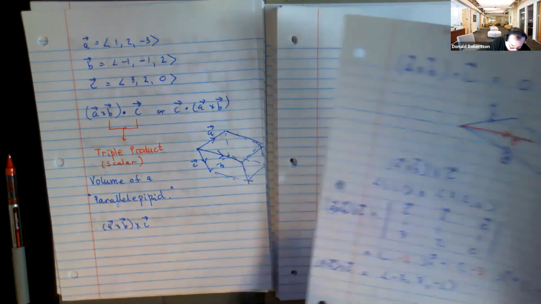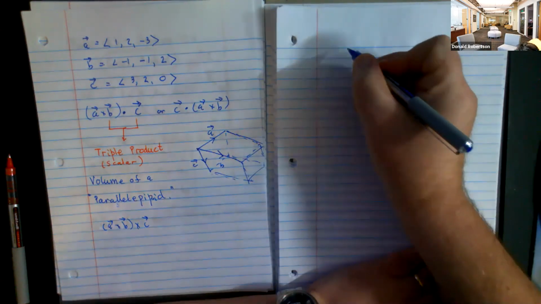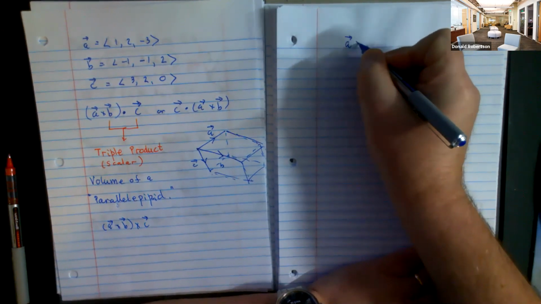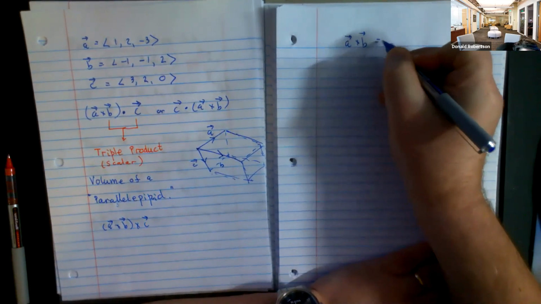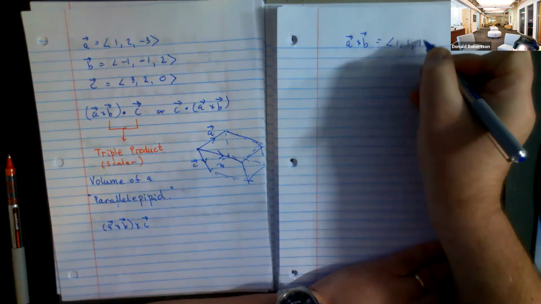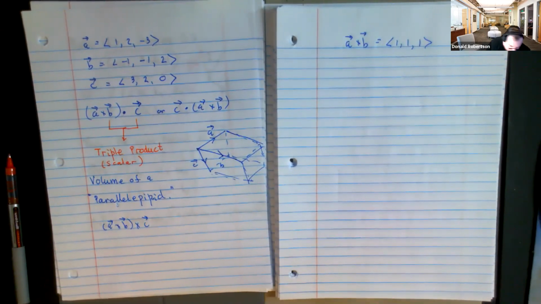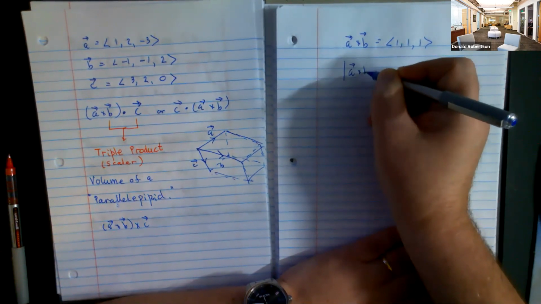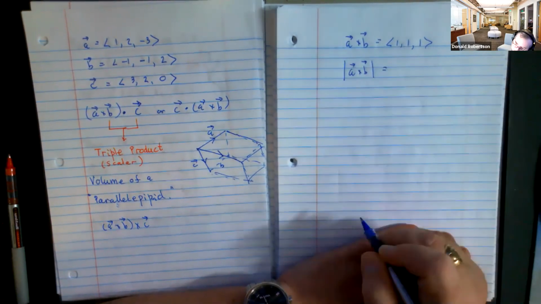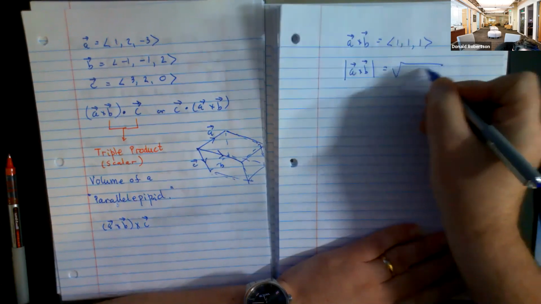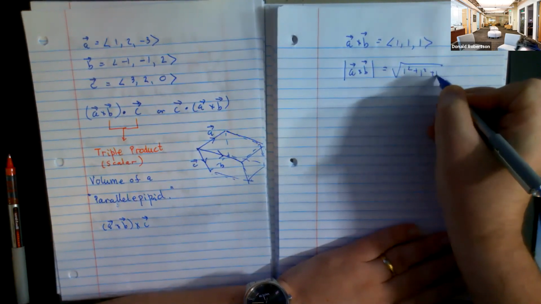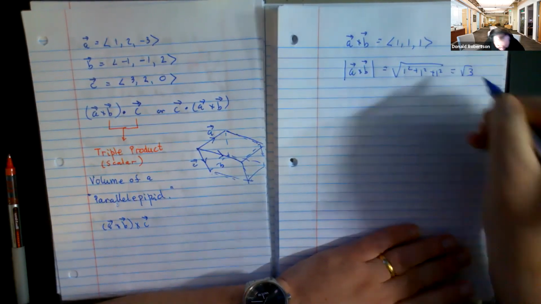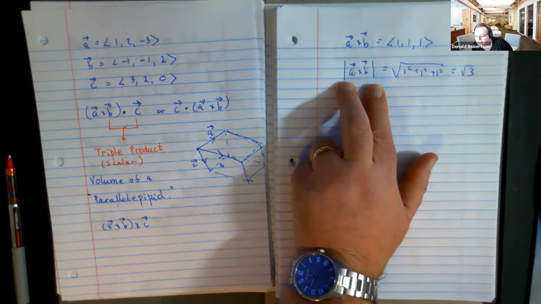And for the last few moments then, I've done A cross B, which is this fella, right? If I find the magnitude of A cross B, which in this case is what? 1 squared plus 1 squared plus 1 squared, which is the square root of 3. So I'm using this as the magnitude version, right?